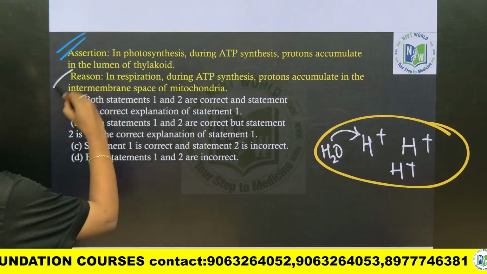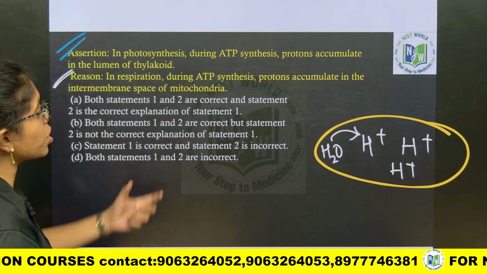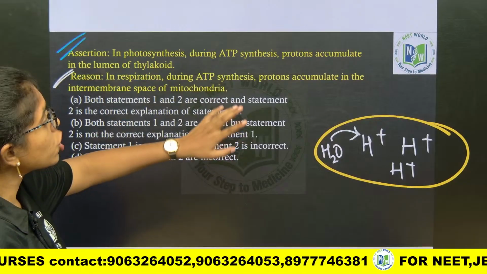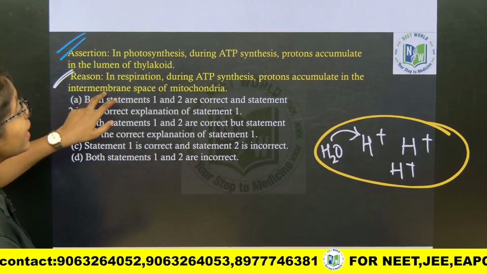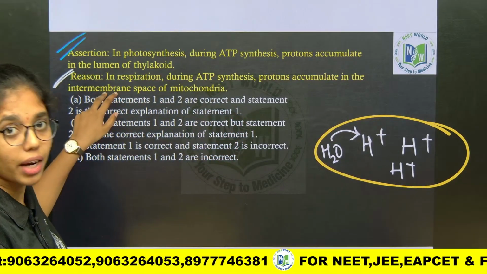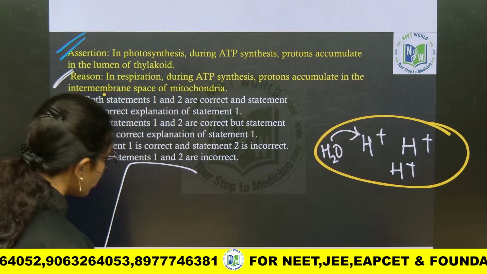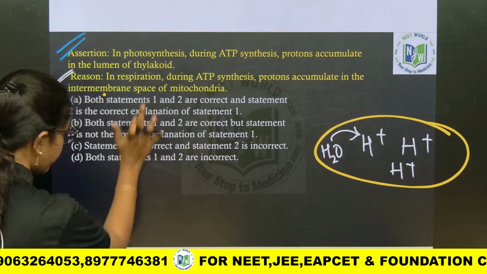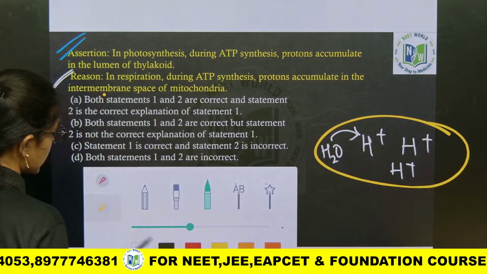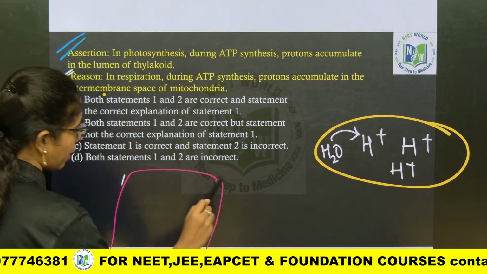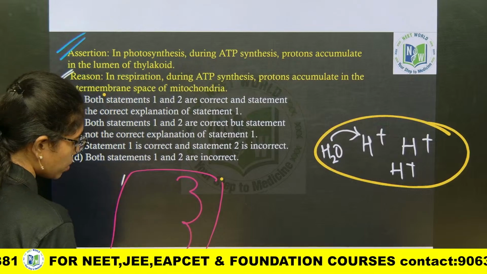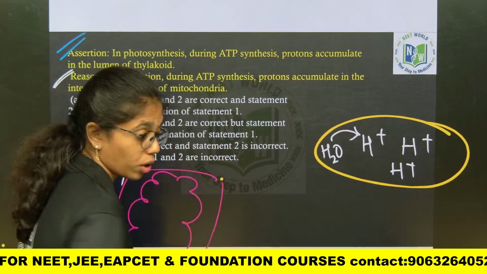Second, in the reason, in respiration during ATP synthesis, protons accumulate in the intermembrane space of mitochondria. If we look into the mitochondrial structure, let us suppose this is the outer mitochondrial membrane and the inner mitochondrial membrane.